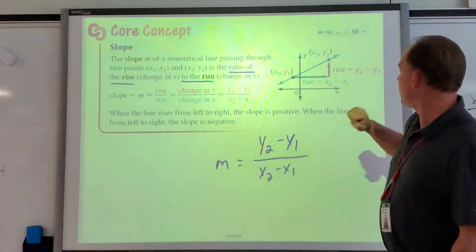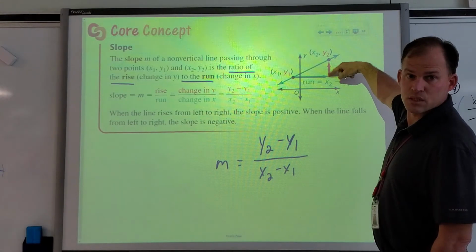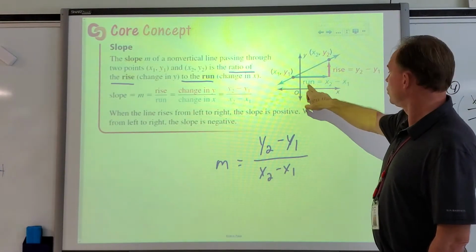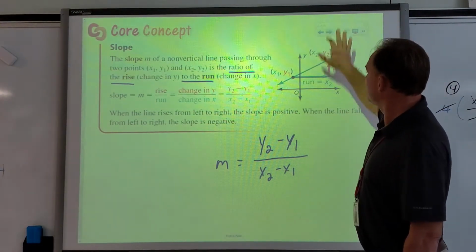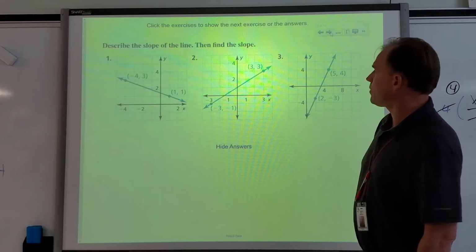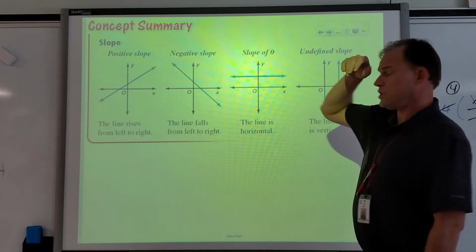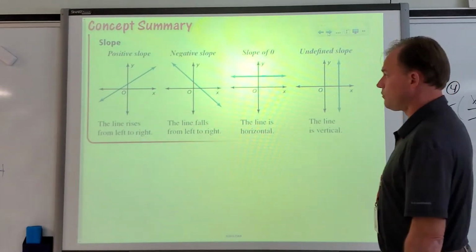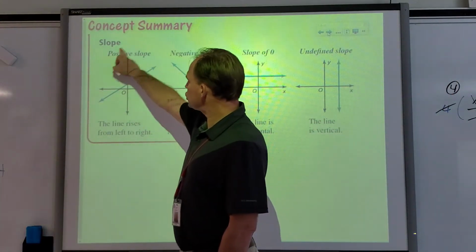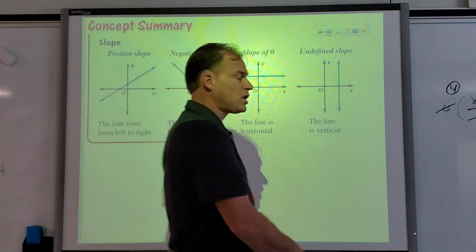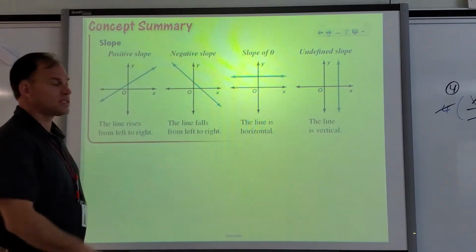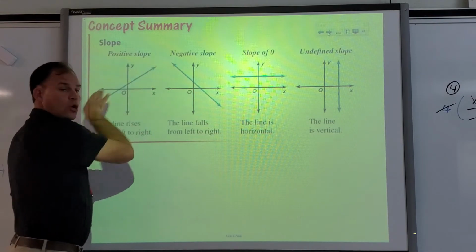Make sure you sketch this graph. Again, rise is vertical, run is horizontal. I want you to get this in your notes right next to that stuff. A positive slope, we always read our graphs left to right, so we would say the positive line is going up.